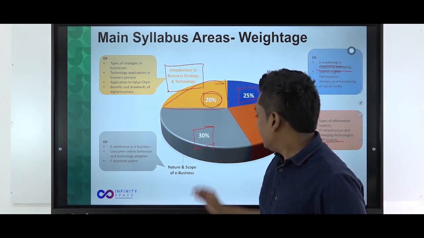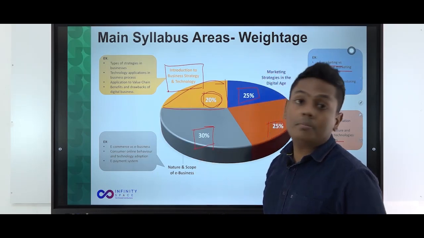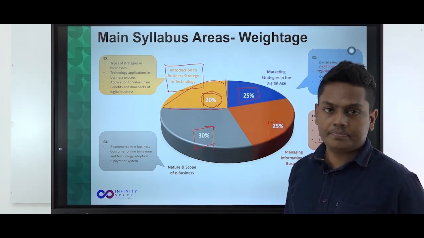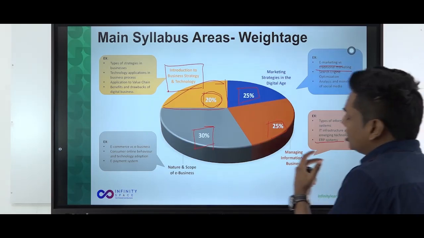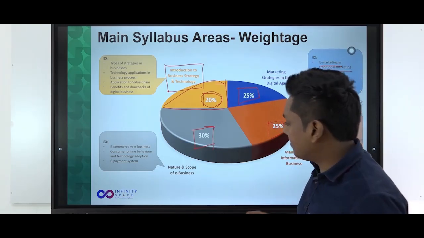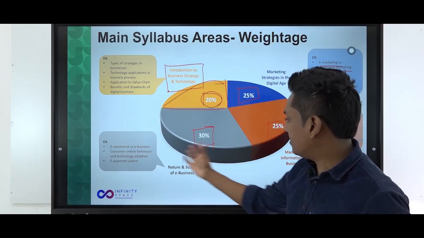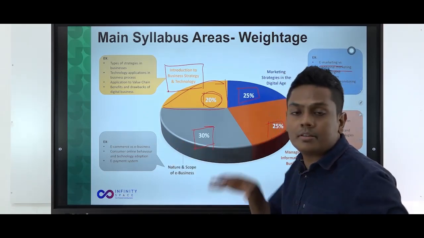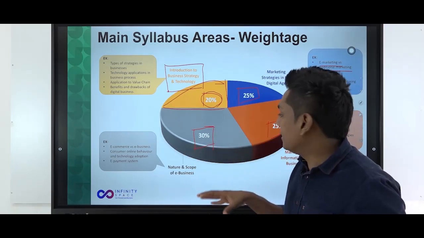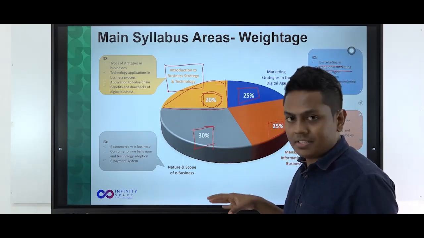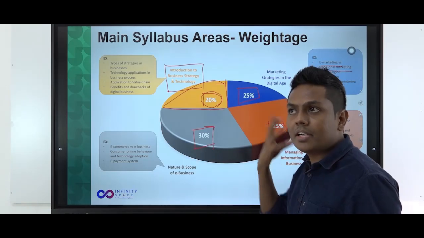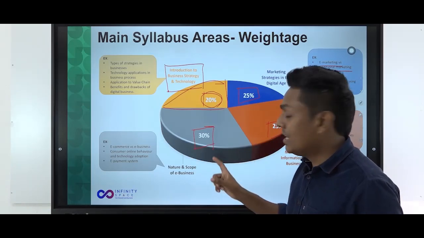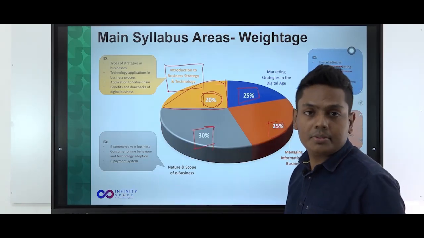So that is how the syllabus is broken down, and the majority of this syllabus, which is 30%, will be covered under the nature and scope of e-business, right? So in this 30%, few examples that I have just jotted down here: e-commerce versus e-business. How you got to differentiate these things? E-commerce, e-business, it's kind of same, right, when you just think about it, but no, there are differences that you will get to learn.